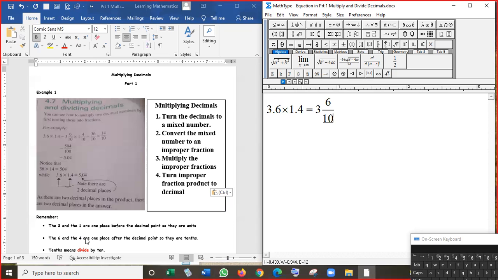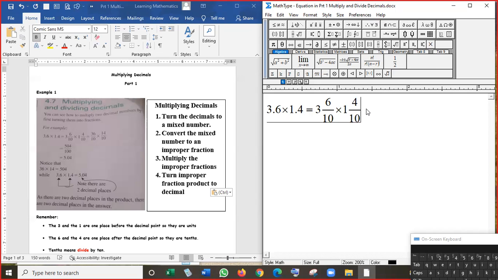The 6 and the 4 are one place after the decimal point, so they are tenths. Tenths means divide by 10. 6 tenths times 1 unit and 4 tenths.